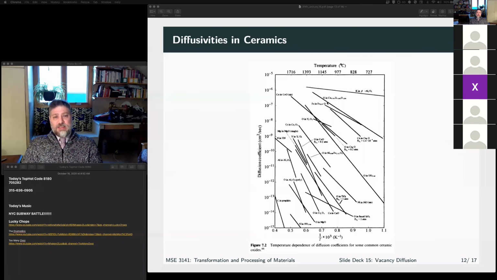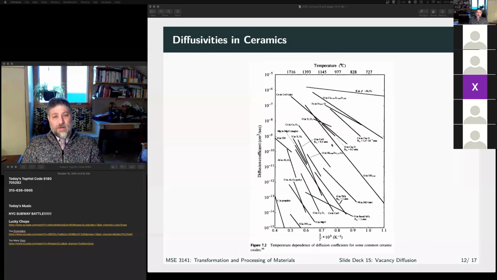And so we can just take a look here at this is essentially the temperature dependence of the diffusion coefficients for some common ceramics. And we see that this is a log scale, of course, right? And this is 1 over the melting temperature. So, question.